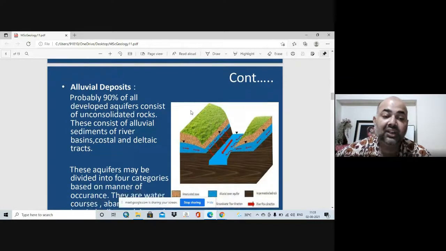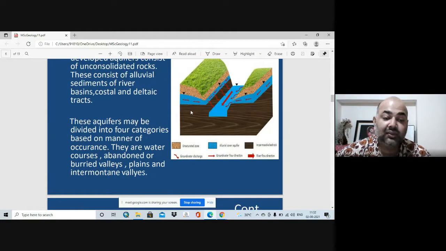When you consider alluvial deposits, probably 90% of the developed aquifers consist of unconsolidated rocks. This consists of alluvial sediments of river basins, coastal beaches, and deltaic tracts. These aquifers may be divided into four categories based on the manner of occurrence: watercourse, buried valleys, piedmont plains, and intermontane valleys.